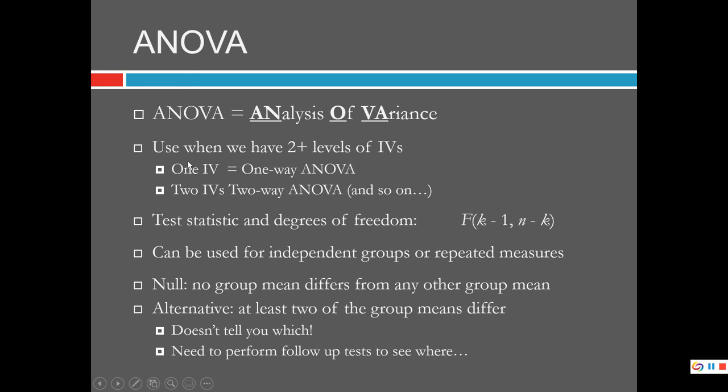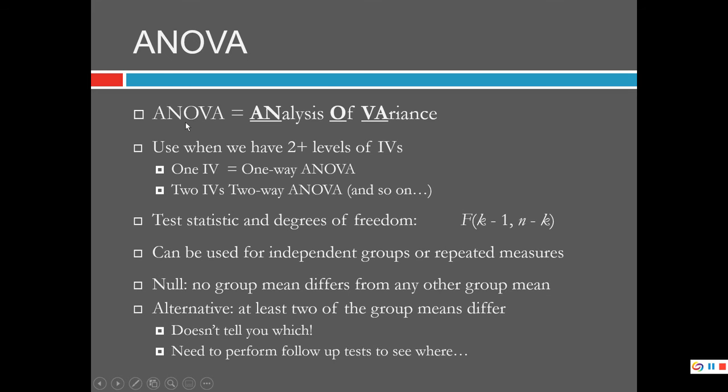When you are only comparing one independent variable like that, you call an ANOVA a one-way ANOVA. When you're using 2 and you're interacting them, you might call it a two-way ANOVA. And if you have 3, a three-way ANOVA, and so on and so forth. But for our purposes, we pretty much will focus on one-way ANOVAs until we get to complex experimental designs in a few weeks.